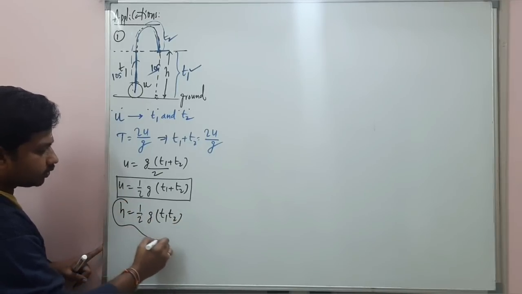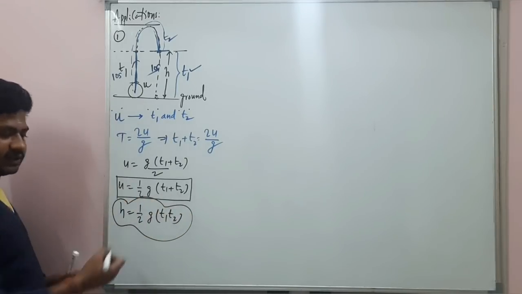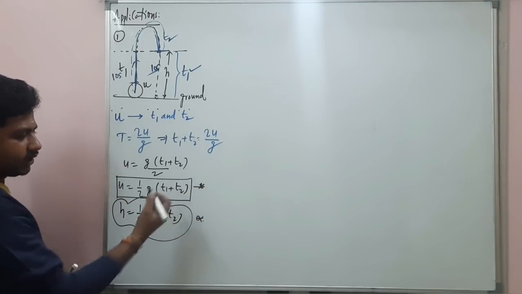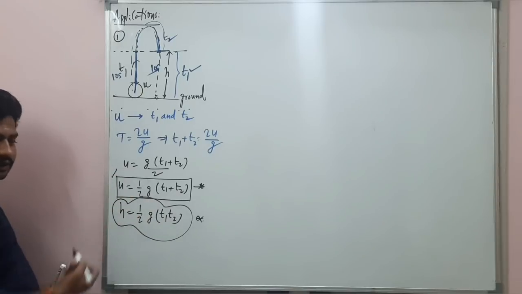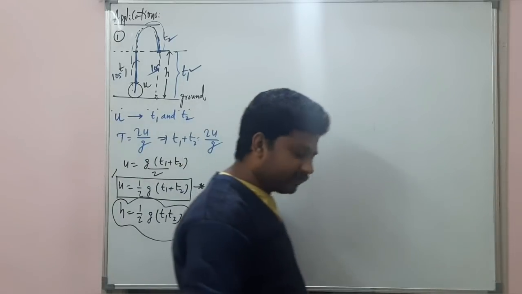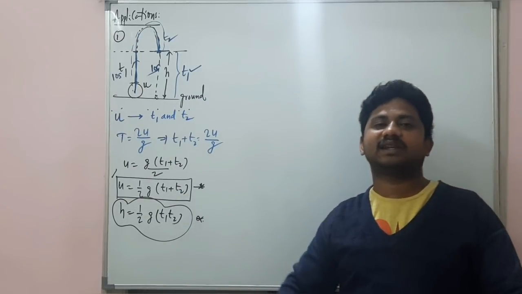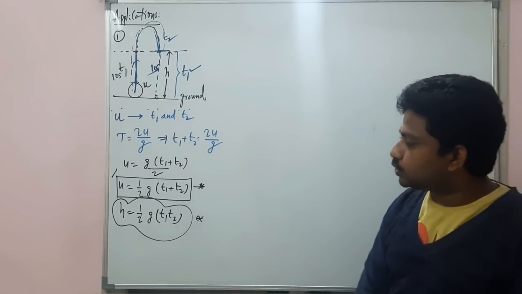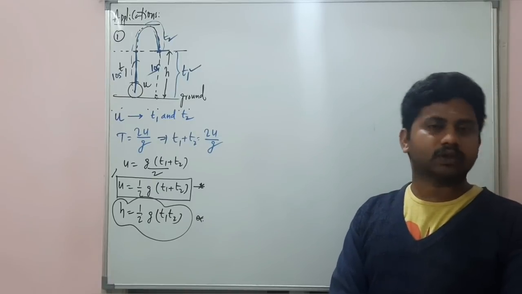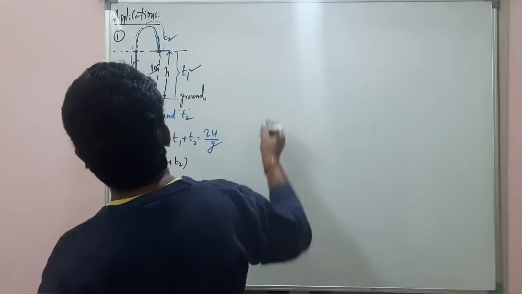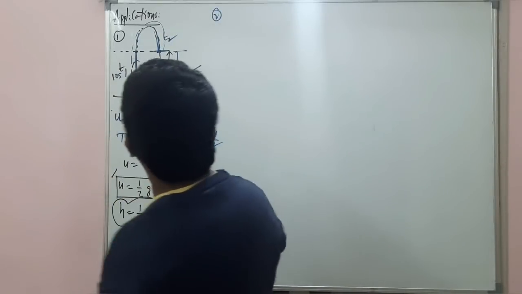Remember these two formulas; mostly questions will be asked based on these. Half into g into (t1 plus t2), and sometimes, at what height the instant times are given: half into g into t1 into t2.